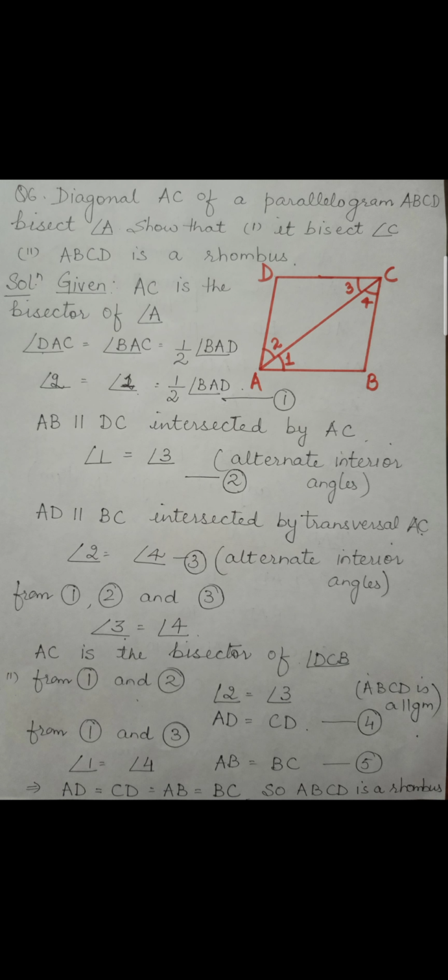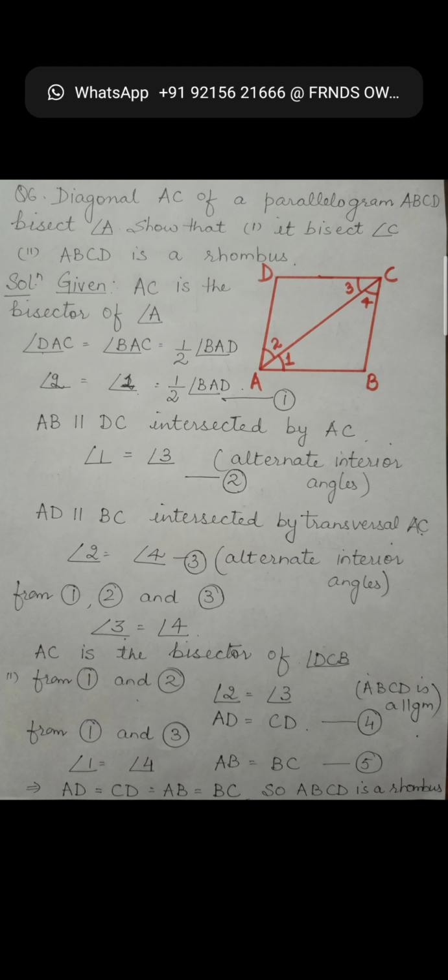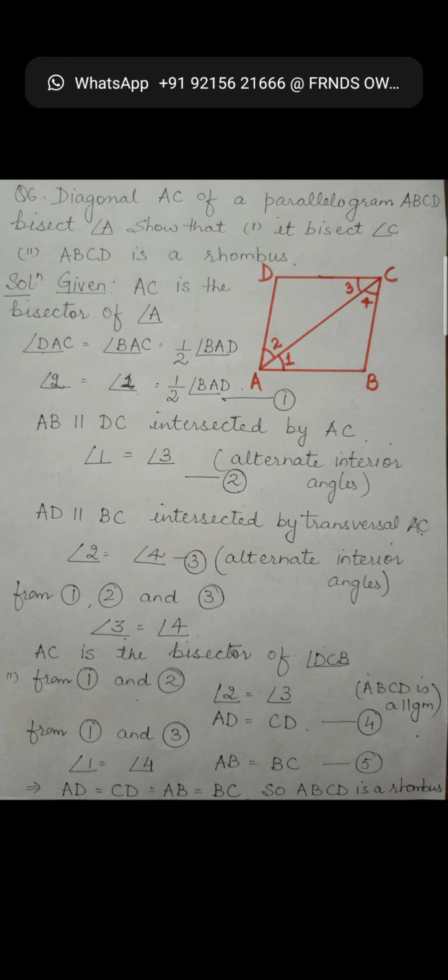Now we are using AD parallel to BC, opposite sides of a parallelogram. So AD parallel to BC intersected by AC. Then again angle 2 is equal to angle 4. These are again alternate interior angles. So now in equation 1, angle 2 is equal to 1.